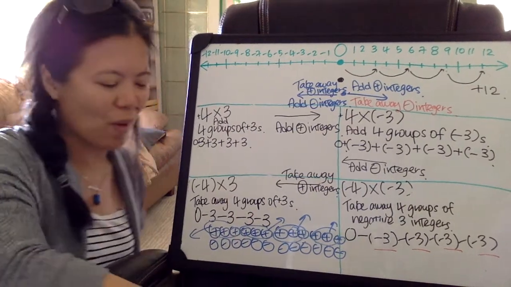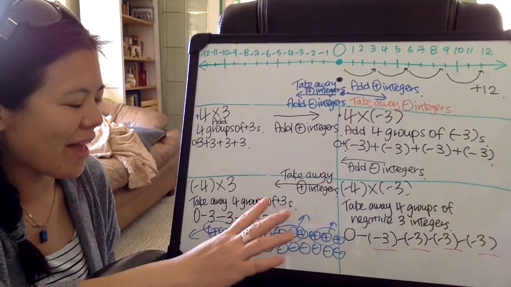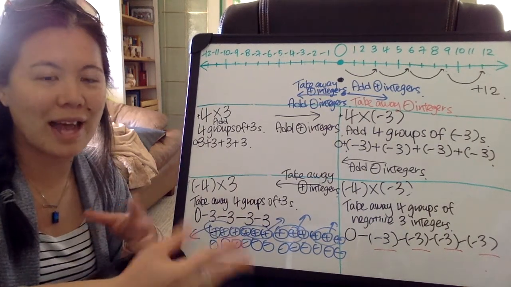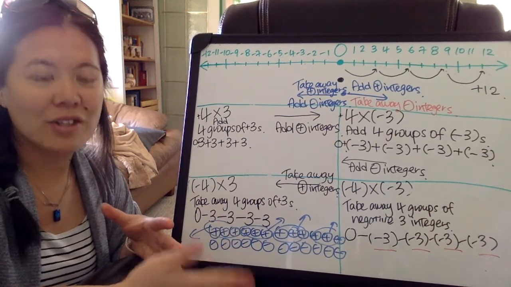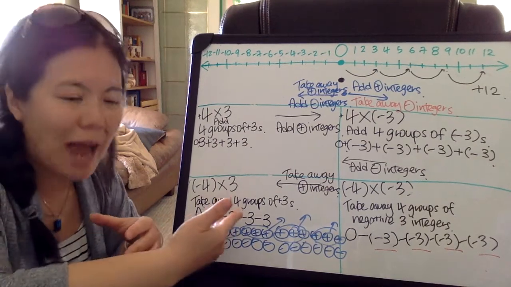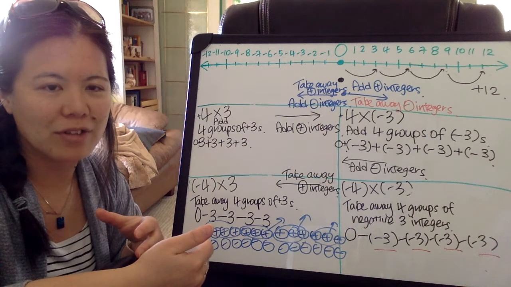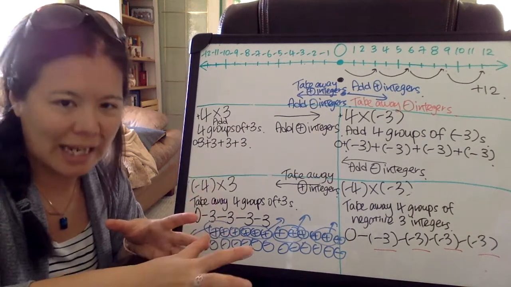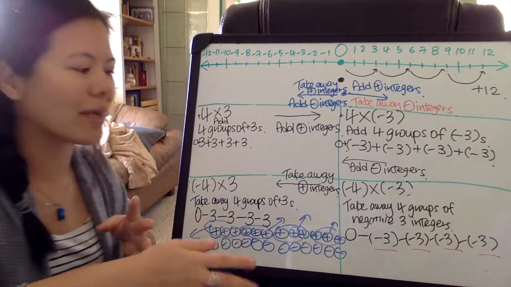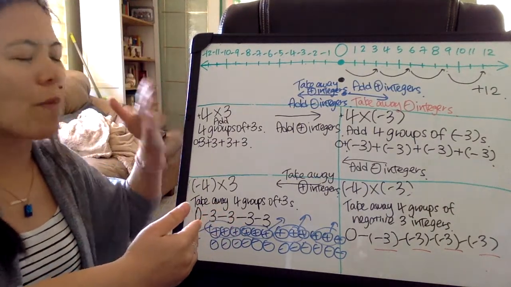We've done this before, but I feel that understanding the relationship between repeated addition and multiplication, and repeated subtraction with multiplication, is the key, because then you can wrap your head around what you're doing when you see 4 multiplied by 3.